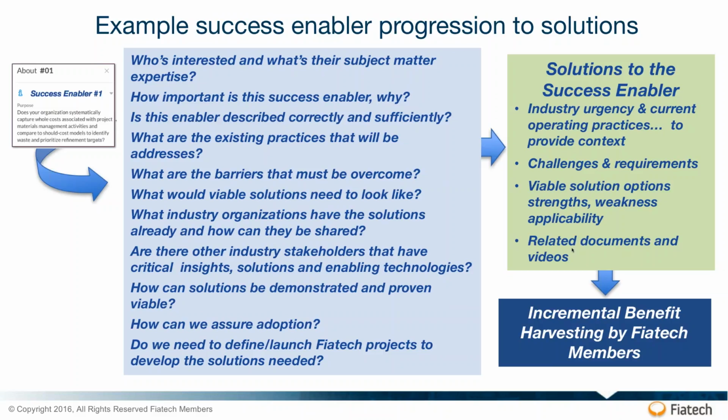Maybe we upload documents to show here's an approach to solve this. Is there a steering team or some way to take this dialogue, which with 42 enablers could certainly be a lot, and funnel it down into these solutions? How do we get from a lot of discussion and input to a solution?